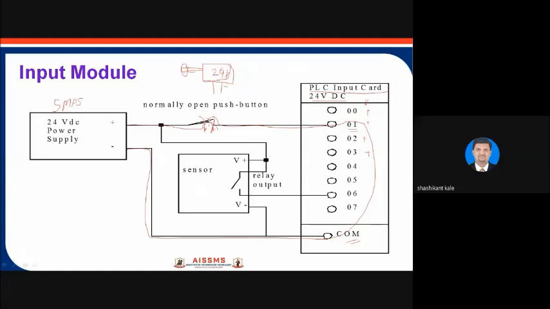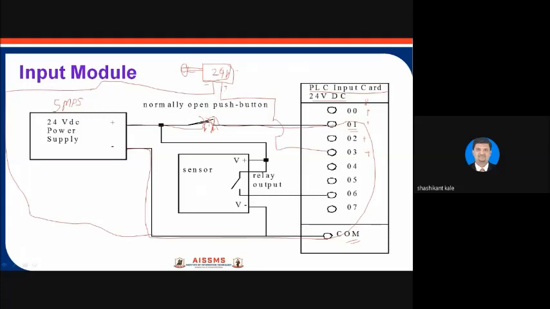In that case, we can directly connect the sensor. Say this is the positive and this is the negative end. In which channel do we need to connect it? Say the documentation says you can connect this sensor to channel number 3. So likewise, you can connect the positive end to this side and the negative end to the common, like this. Understand? That is how you can connect the circuit.